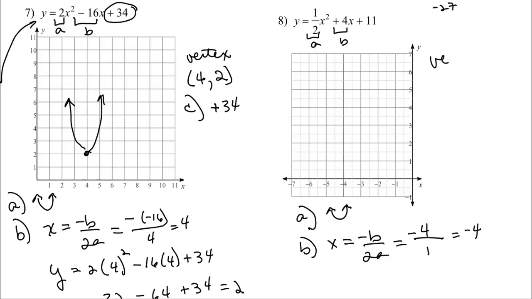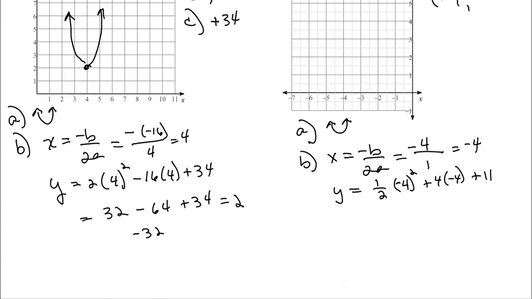So the vertex so far is going to be negative 4, comma, let's get the y value. To get y, you're going to plug in. This is 1/2, and this is negative 4 squared plus 4 times a negative 4 plus 11. Let's see what we get.